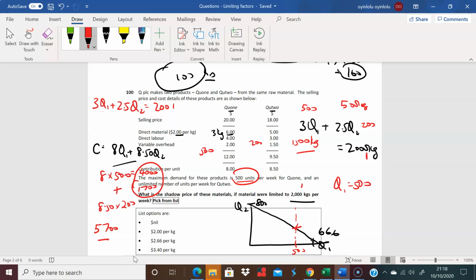So that's still 3 times 500, so that's 1,500, plus 2.5Q2 is equal to 2,001.